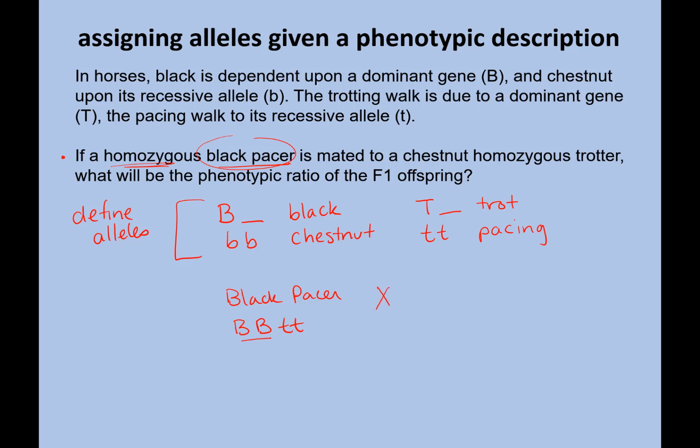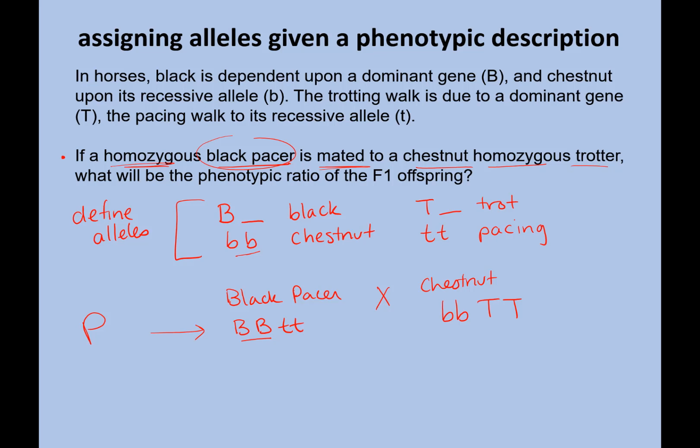And then you write an X because that is what mating means, or crossed. To a chestnut, okay, so we know chestnut has to be little b. And it's a homozygous trotter. They tell us that because if they didn't, we wouldn't know if it was big T, big T or big T, little t. Okay? Those are the parents.